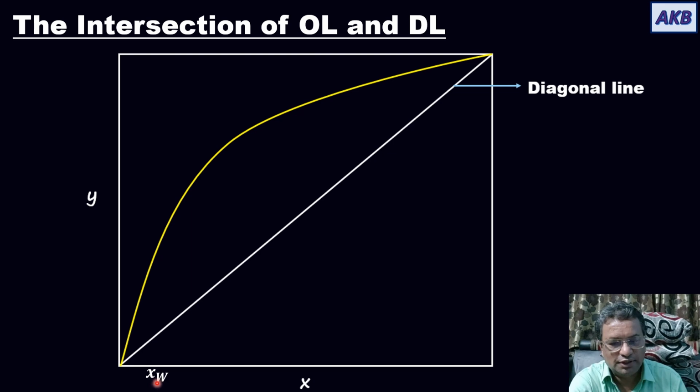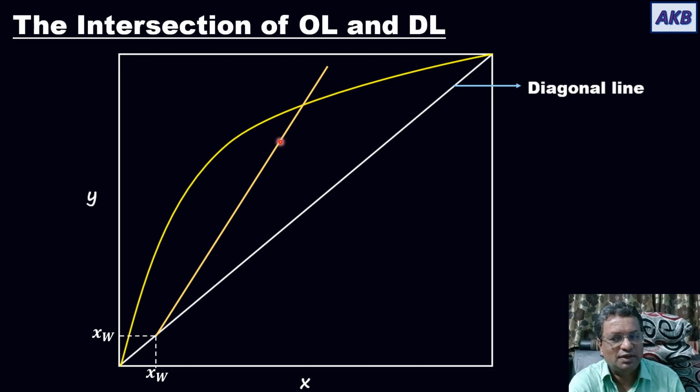Okay, so you locate xw on the x-axis, go to the diagonal line, and if you go to the y-axis from this point, the y-coordinate of this point will be xw. And over here, the intersection of the two lines is going to occur. So the stripping section line will be somewhat like this.